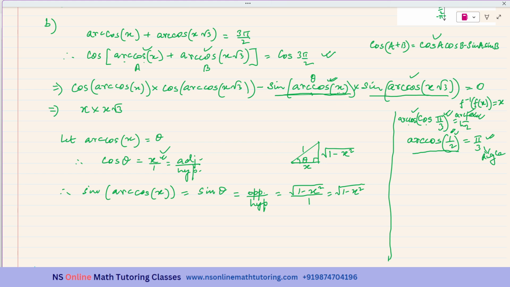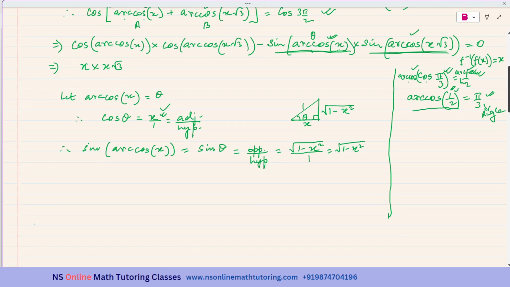Let us use the same logic to get the expression for sine of arc cos of x root 3. Okay, so again, you may take the angle as theta again, but for students who may get confused that we are taking the same angle twice, let me take this as, let arc cos of x root 3, this will also be an angle, let it be alpha.